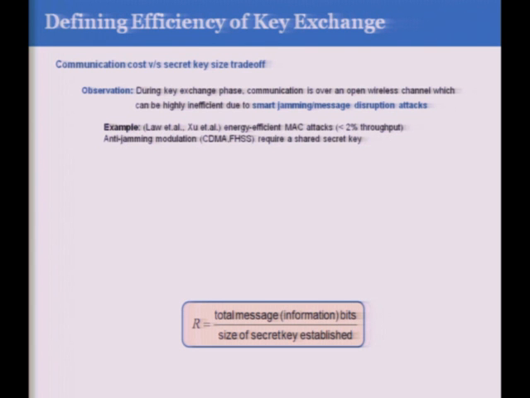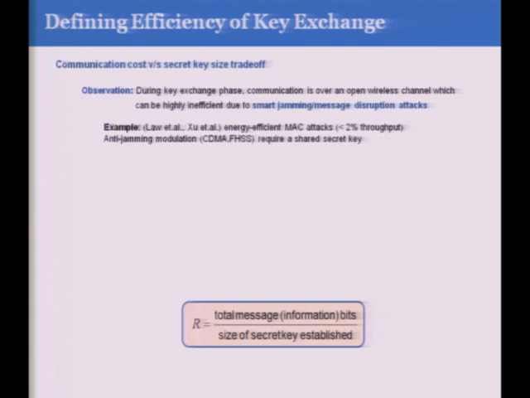And if you have an active adversary, the communication cost of this whole process could be quite high, because of smart jamming or message disruption attacks. There are a wide range of such attacks documented in the literature, where you can get the throughput to extremely low values by efficient attacks.